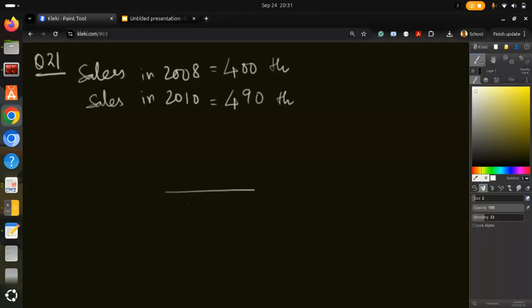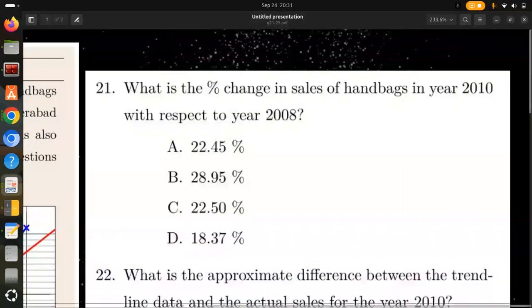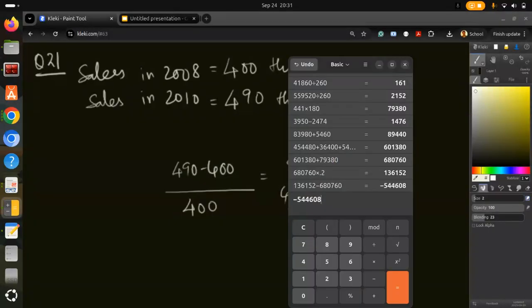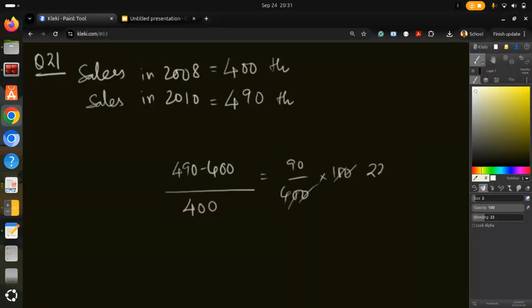So the denominator will be the 2008 data, and the numerator will be the change. So 490 minus 400 is 90, by 400, into 100 to make it a percentage. So basically we are looking at 90 by 4. So 90 by 4 is 22.5, so 22.5 percent should be our answer.